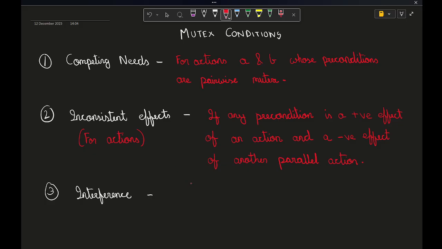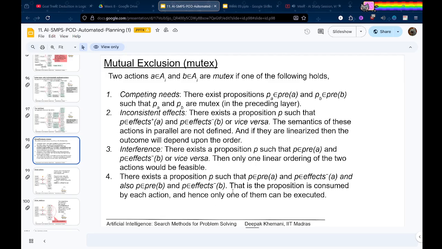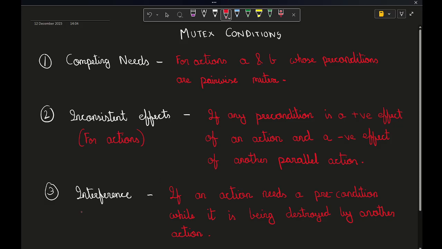So to simplify this, if an action needs a precondition while it is being destroyed by another action, and such a thing happens, again this is for actions themselves, then A and B are mutex. Okay, this is again for actions.